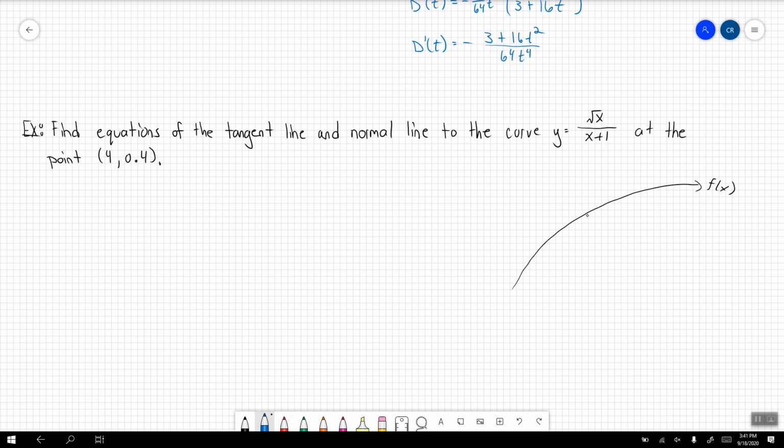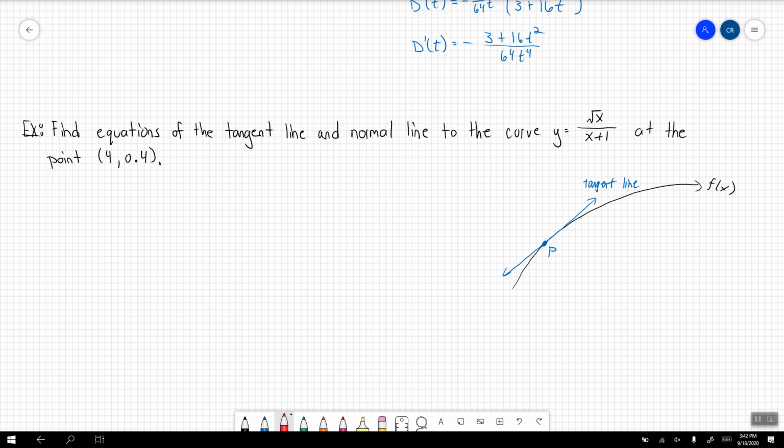When we take a derivative, that derivative is going to be tangent to this line at a specific point. So that's going to be the tangent line at point P.